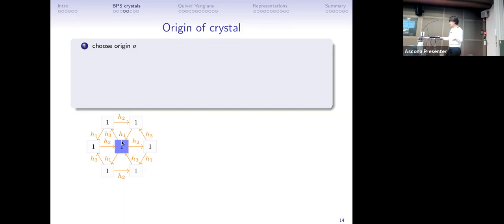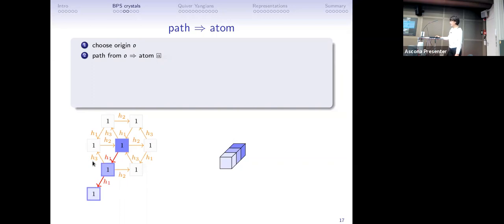I choose this one as my origin, and each atom in the crystal corresponds to a path from your origin. The origin corresponds to the leading atom. The crystal starts from this atom, then this path gives you the second atom, and this path gives you the third atom.